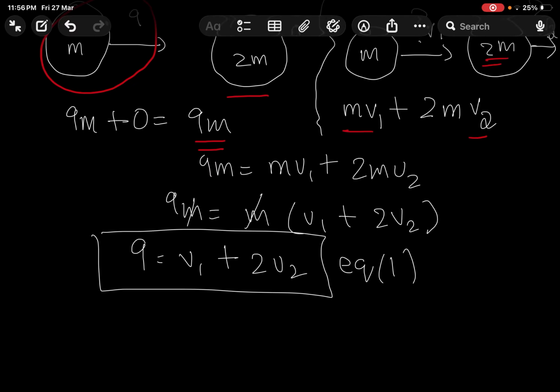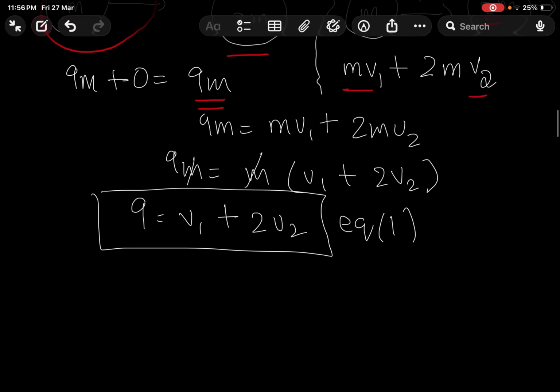Now I'm going to create another equation by using the law that the relative speed of approach and separation are going to be equal for the balls in an elastic collision. Since we're dealing with an elastic collision, the relative speed of approach and separation are both going to be equal.